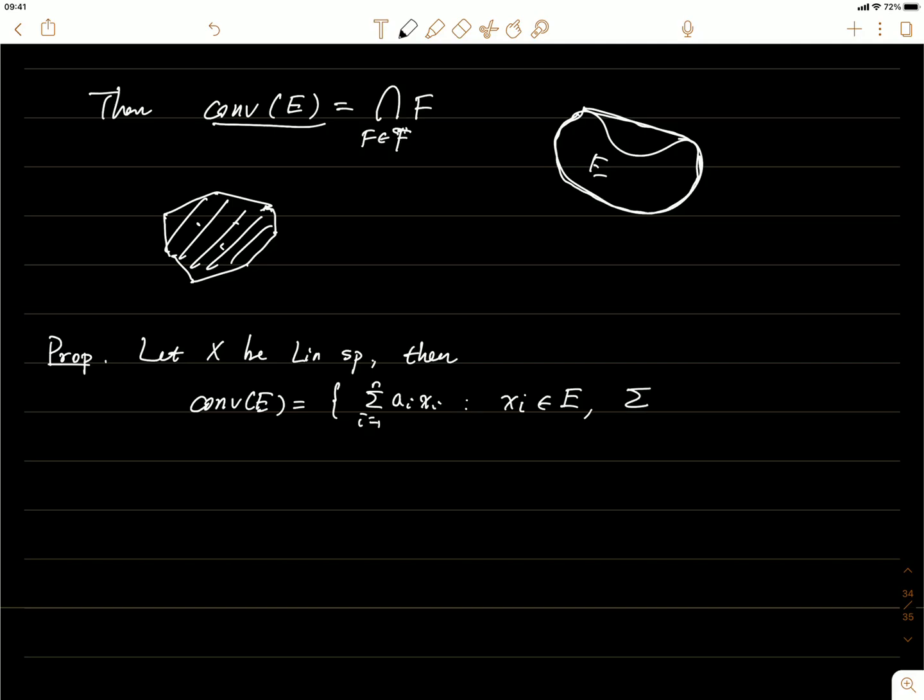What the convex combination means is you get coefficients a_1 through a_n, which sum to 1, and each one of them is greater than or equal to 0. So you pick an arbitrary number of points from E, make a convex combination of them and throw it into this set. The collection of such points is called the convex hull.